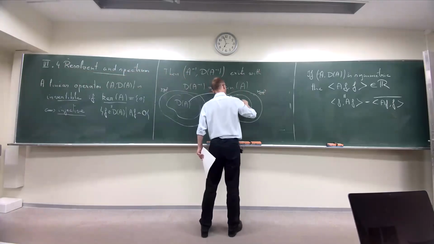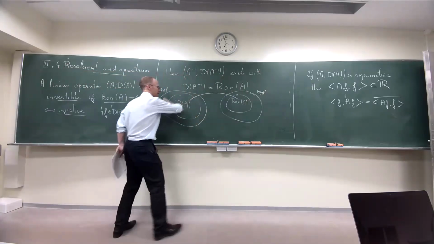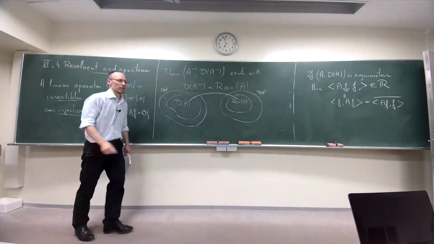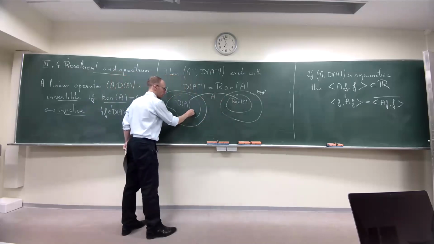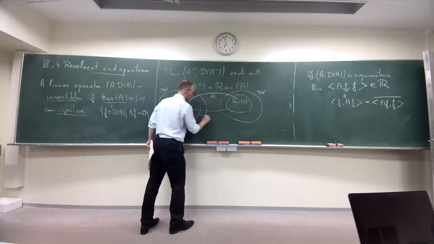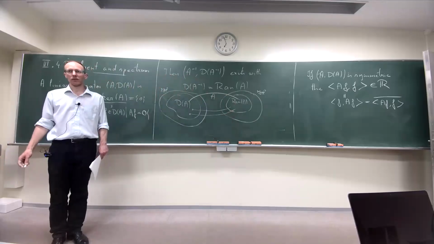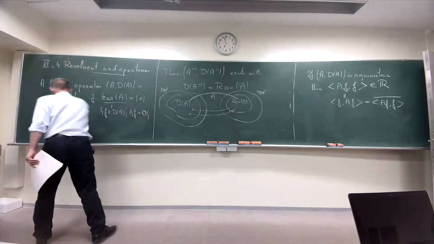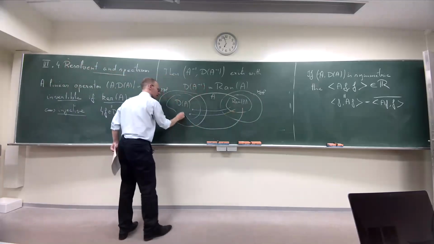Remember, the range is the image of this set by A. So suppose it's injective, so it means two different points will always arrive at two different points. This is the notion of injective. Then you can define an inverse A minus 1 from this set to this one.